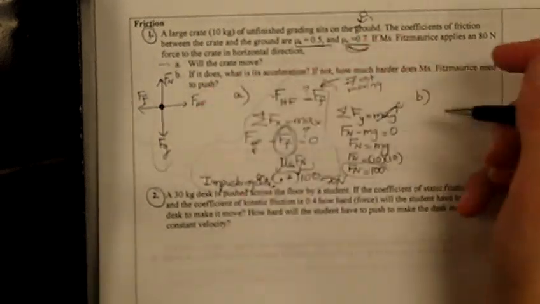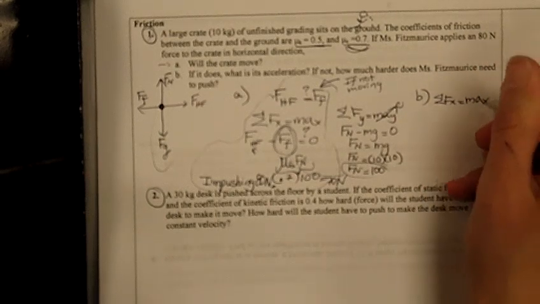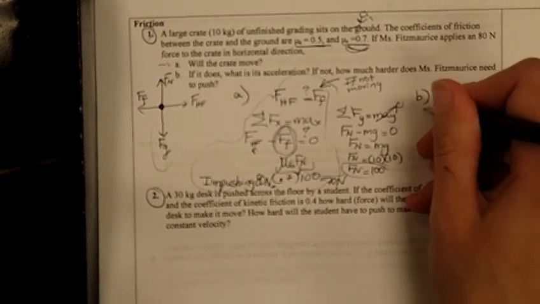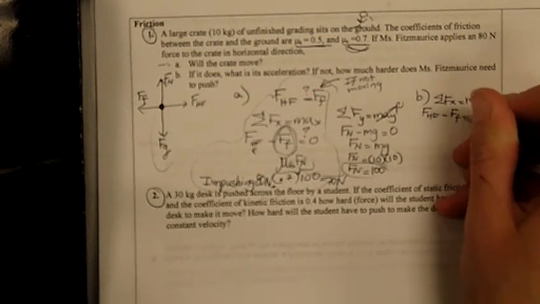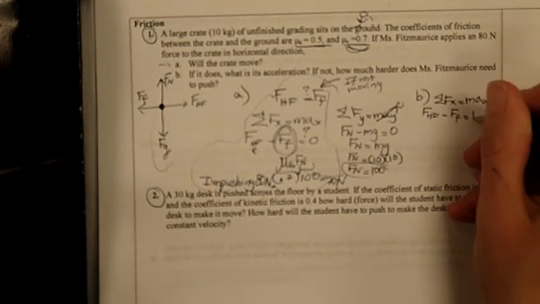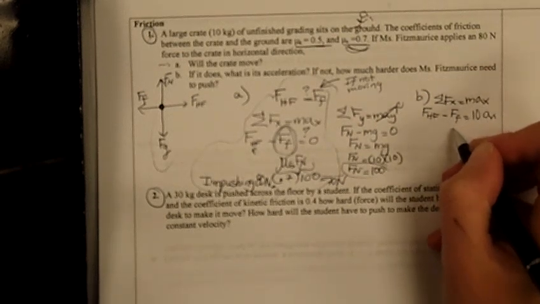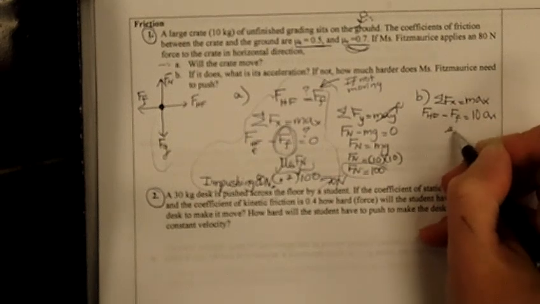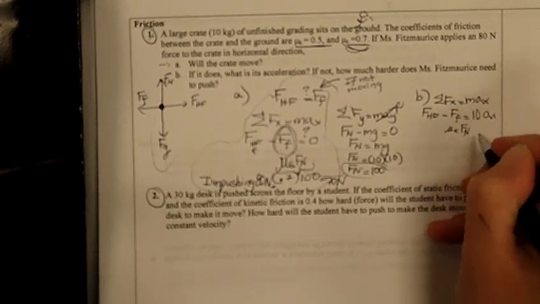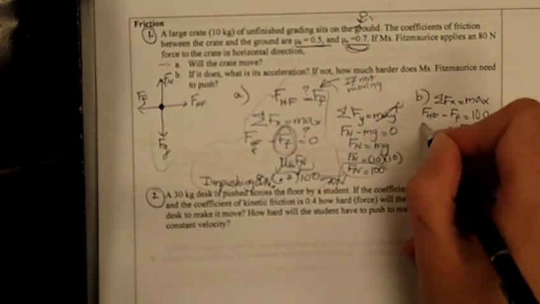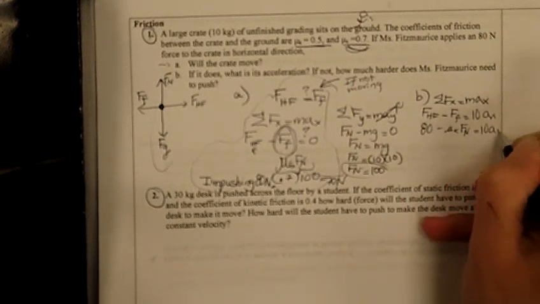So my x direction, because it's moving, sigma Fx equals max, is FHF minus Ff equals max. I know that m is 10, and I want to know ax. Because this thing is moving, instead of static friction, I'm going to use kinetic friction, mu k times Fn. So I have my force, which is 80, minus mu k Fn equals 10 ax.